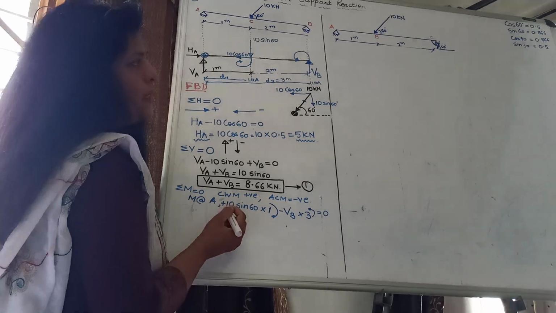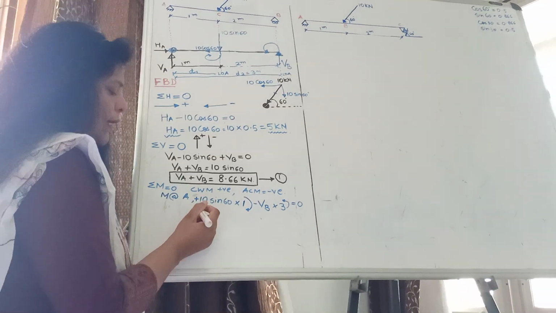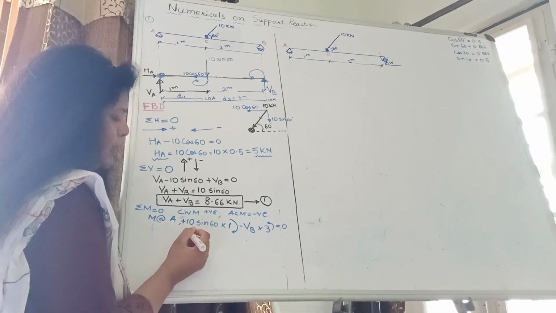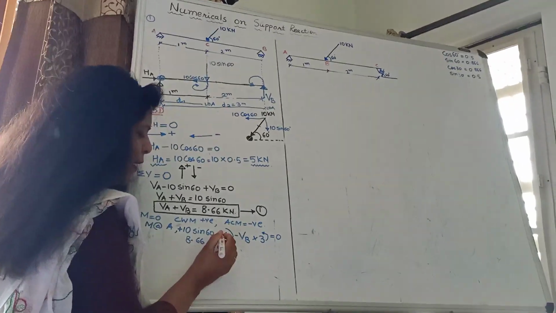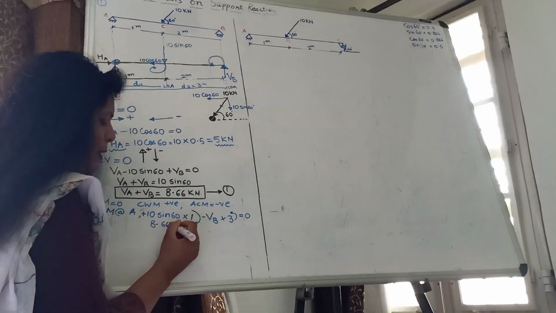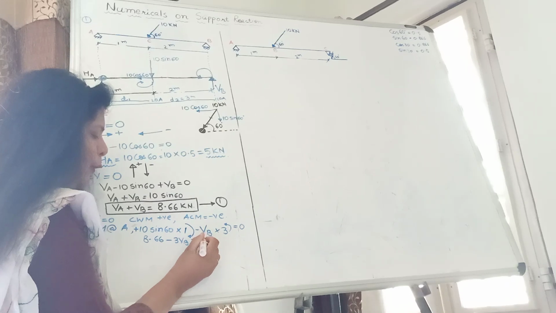So what is sin 60? Sin 60 is 0.866. So we can say that 8.66 multiplied by 1, that is 8.66, minus 3 VB is equal to 0.